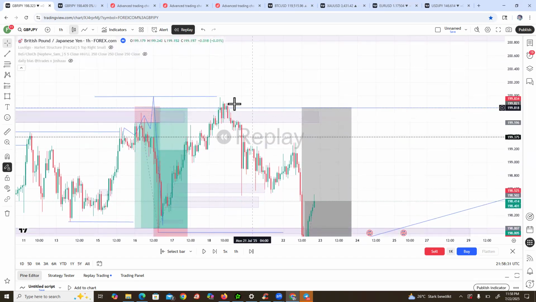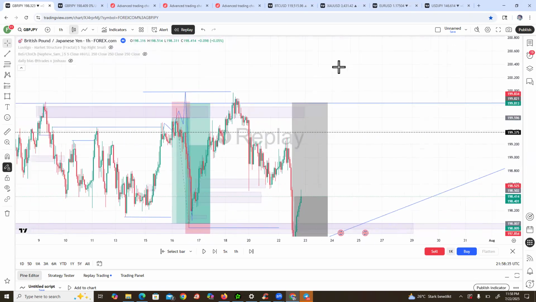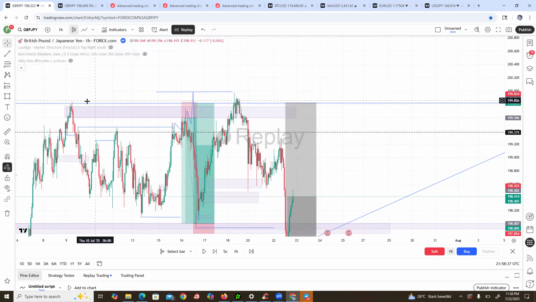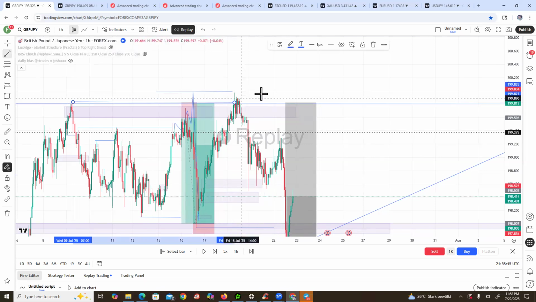Because inducement happened after a break of structure. You can call this a break of structure to the upside. But after this, where is your inducement? This is how the market moves with inducement.